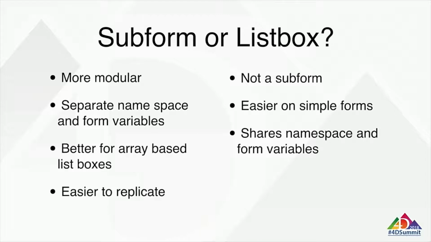So if I put in a list box and I'm using an array-based list box, and I'm using dynamic variables for the columns on a form, and if part of my interface is that I want to put some stuff in there and then allow the user to duplicate it to look at something else in the same way, if I have that in a subform, then all I have to do is reconfigure it within the subform.